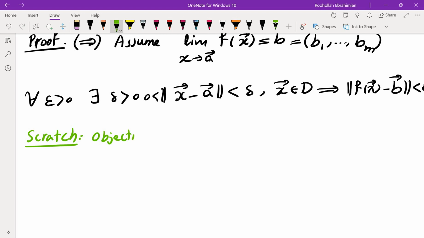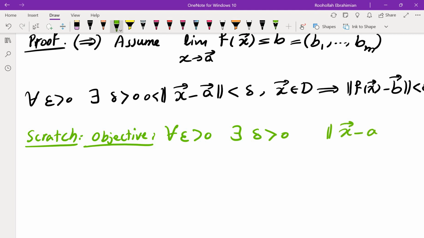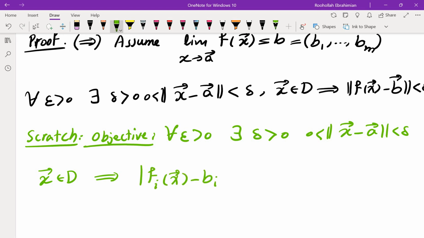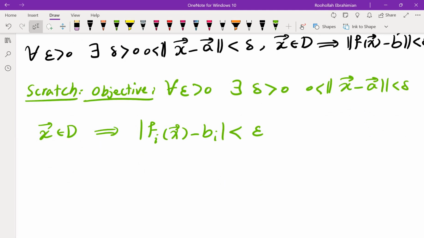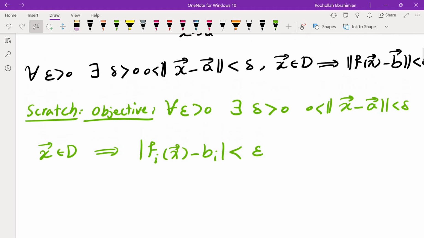The objective is to prove that for every epsilon positive, there is some delta positive such that whenever |x - a| is less than delta, more than 0, and x is in the domain, then the distance between fi(x) and bi is less than epsilon. So from the fact that |f(x) - b| is small, we want to show that |fi(x) - bi| is also small.